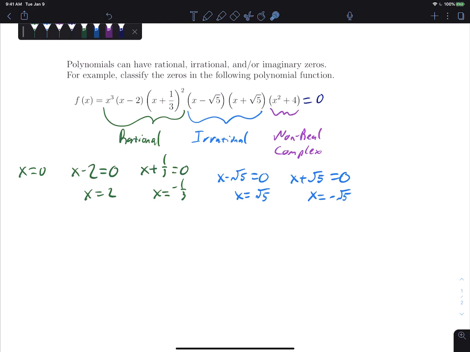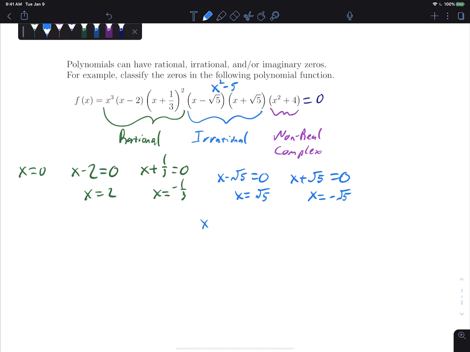Now notice that if I multiplied x minus square root of 5 times x plus square root of 5, what I would get would be x squared minus 5. Notice that this is not a difference of two squares, so it couldn't really be factored in the normal sense. But it can be factored like this. Or we can set this equal to 0 and solve.